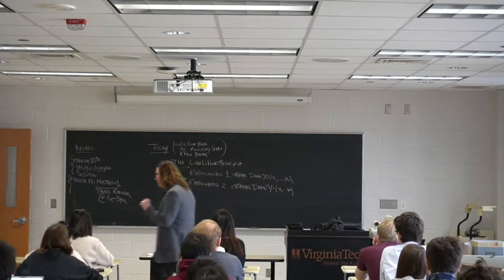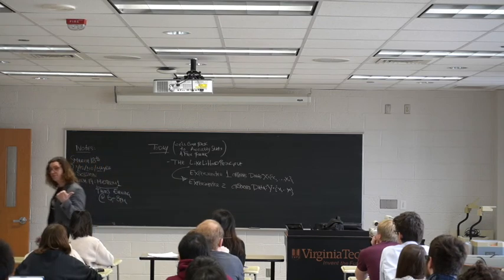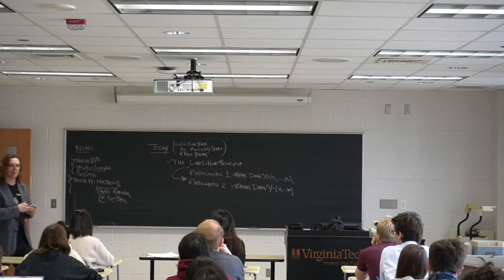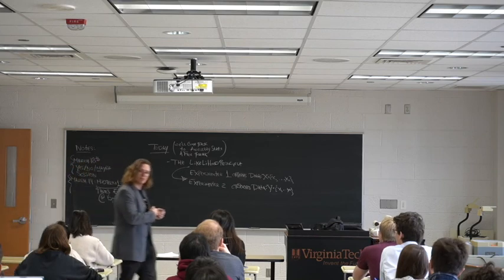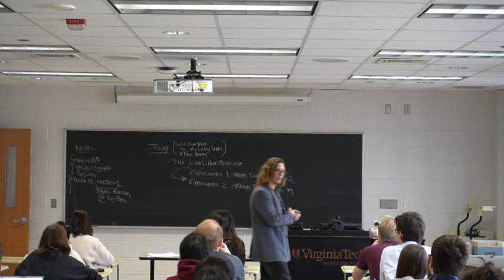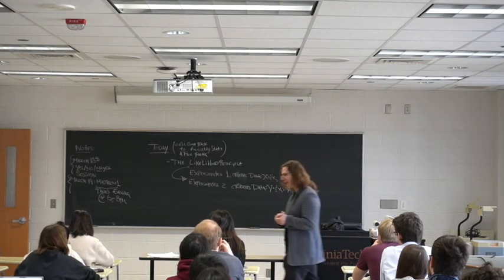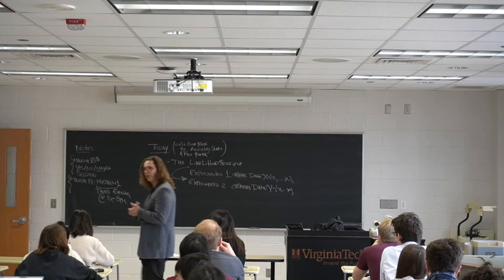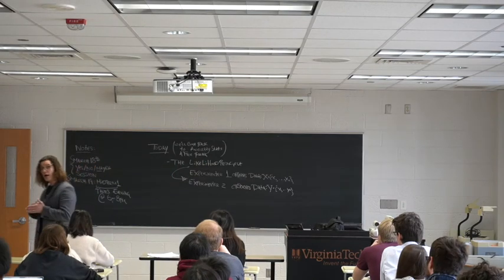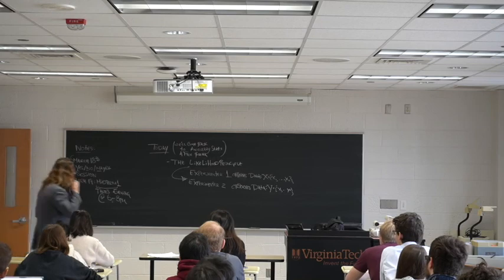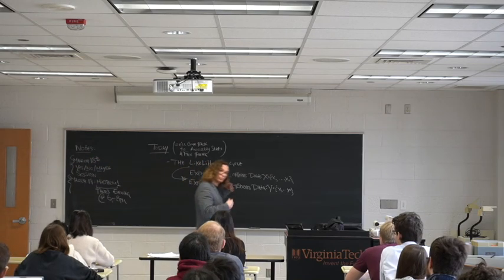Deborah Mayo here, who was running the stat philosophy group, says she has a proof on why the likelihood principle is not right. She published on that a few years ago, and that proof has been debunked as well. So every proof that I know of about the likelihood principle, whether it's true or not, has been debunked one way or the other. I do think this is a useful principle, so I'm going to just say that.